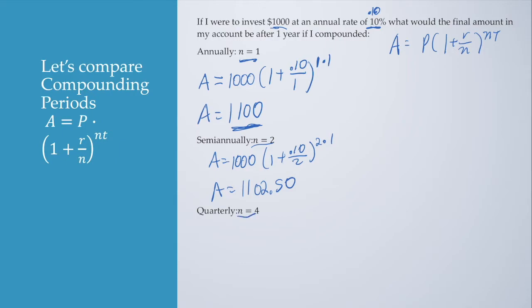So N is 4. I have A equals 1,000 times 1 plus 0.10 over 4 to the 4th times 1, because my time in years is just 1. And I'd get A equals $1,103.81. So as you can see, the more we compound, the more interest we earn.